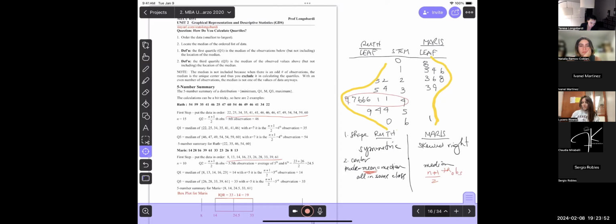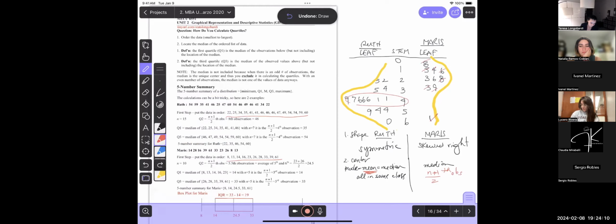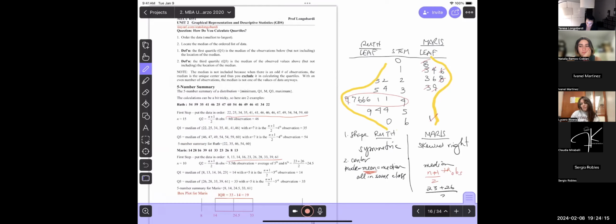Another way is to cross out on each side: you cross out one there, and one here, and so on, until you see two in the middle. You need to average 23 plus 26, divided by 2. That will give you the median. So what is 23 plus 26 divided by 2?